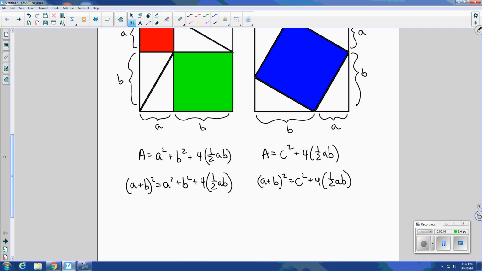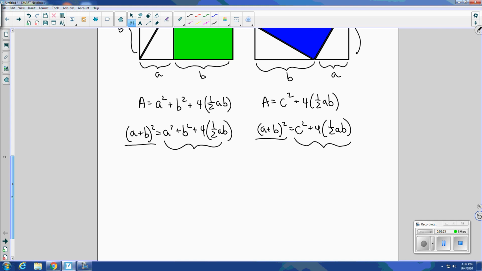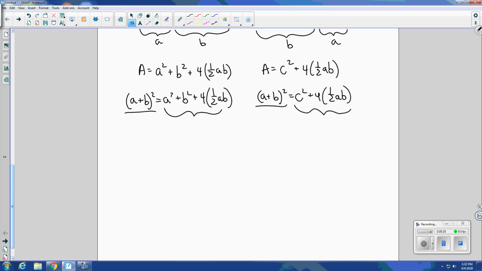Now, this formula and this formula both equal a plus b squared. So if two things equal the same thing, those two things must be equivalent to each other as well by a property called the transitive property.